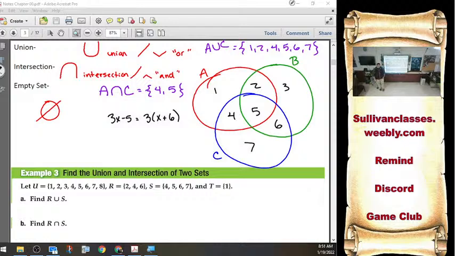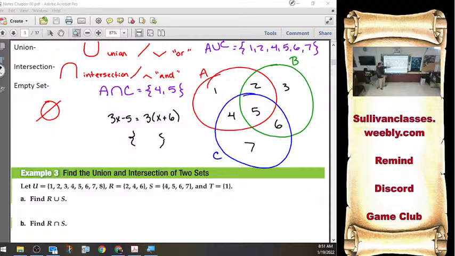Distribute, subtract 3x from both sides. Negative 5 does not equal 18. It would look really weird if I said that's my solution and just didn't put anything in there. So they make up a symbol to say the set is empty.